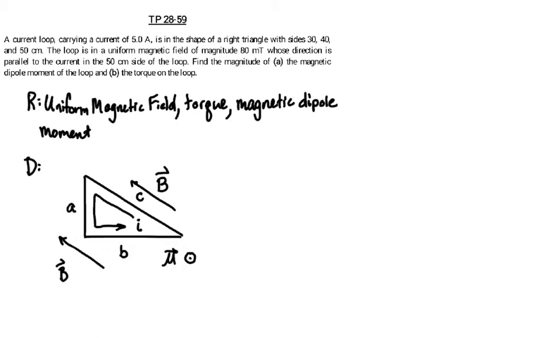So our loop is in the plane of our screen, and so the vector is pointing out of the screen. You can have it pointing in, it doesn't really matter. The only thing that's going to change is the direction of your torque vector. In this case, we have it pointing out. Alright, so let's continue on.